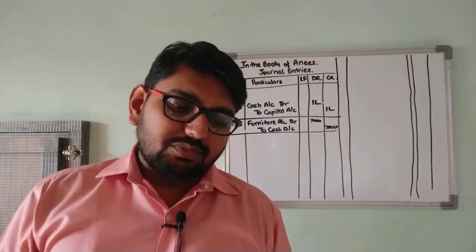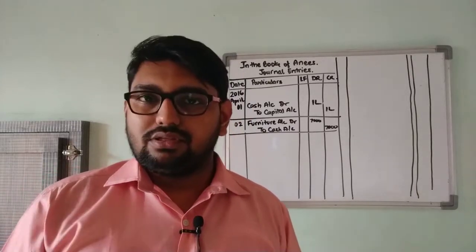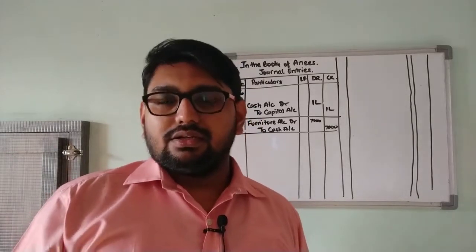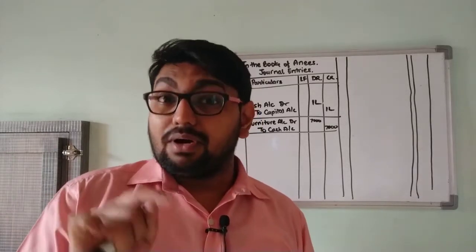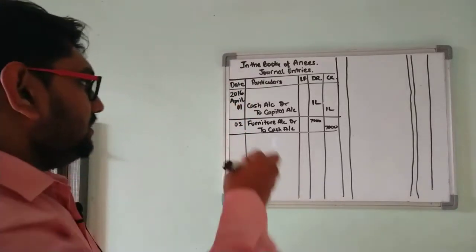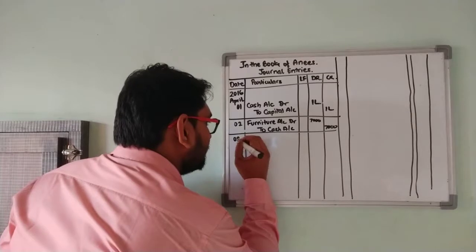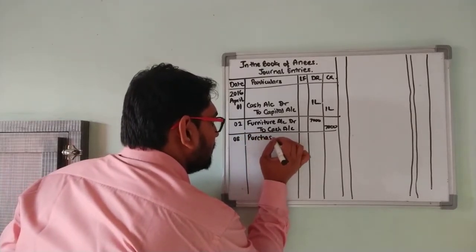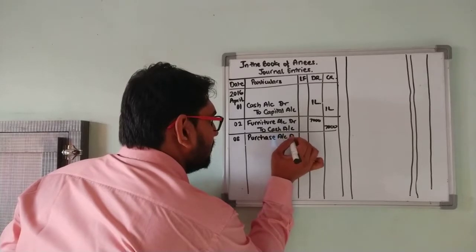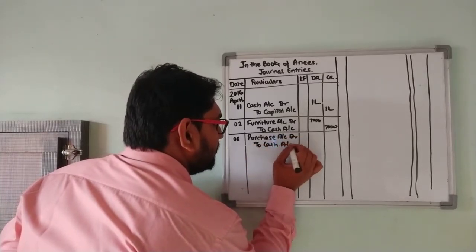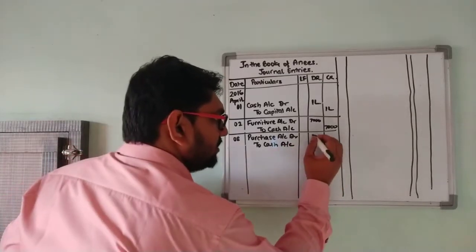So first it is purchase goods for cash 2,000. So goods are coming in, cash is going out, correct? So debit goods or purchase account, and I will credit the cash account. The date is 8. Purchase account debit to cash account, which is 2,000.